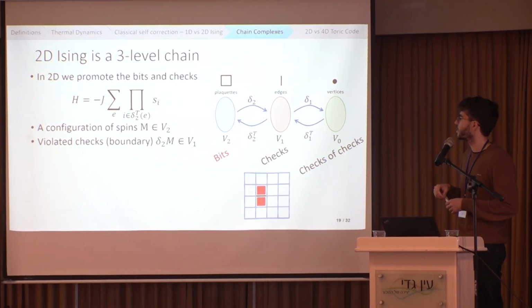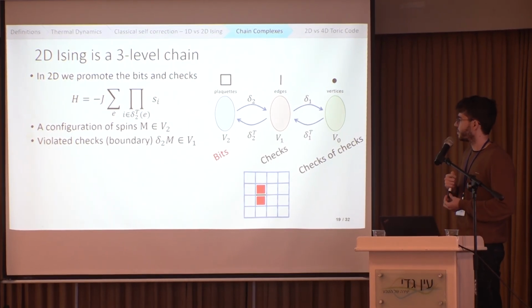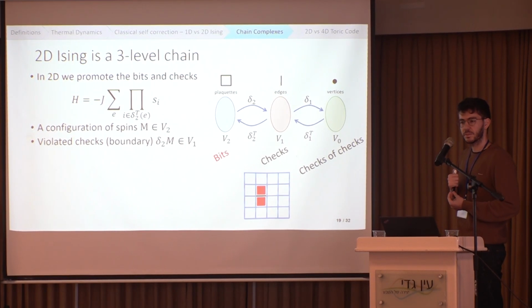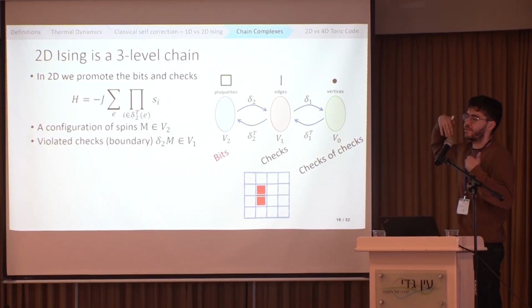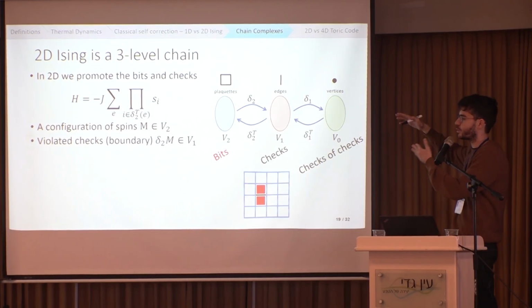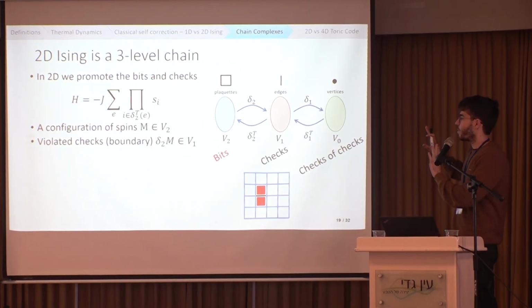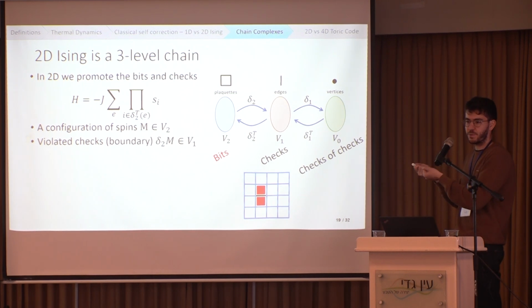Yes. This exactly takes care of who's on the boundary. Yes, when we introduced the Ising model, we said that it's an interaction between neighbors. What it actually means is that these deltas, the boundary maps, are the ones defining who are the neighbors.